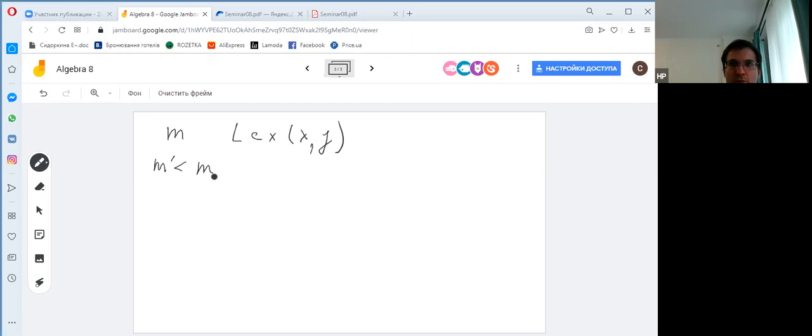This is also a rather simple problem. Do you have some examples of such monomials m?